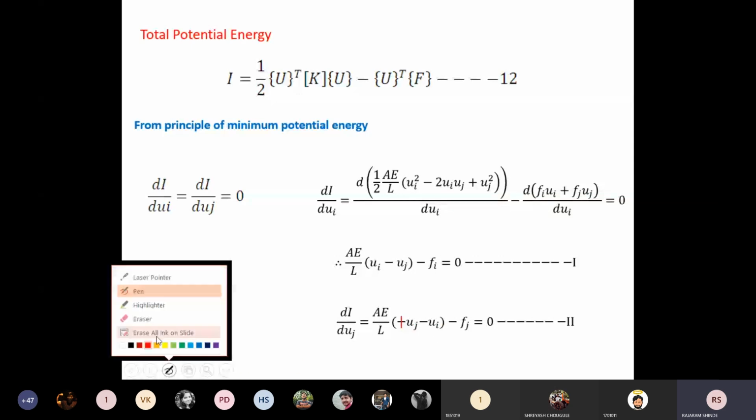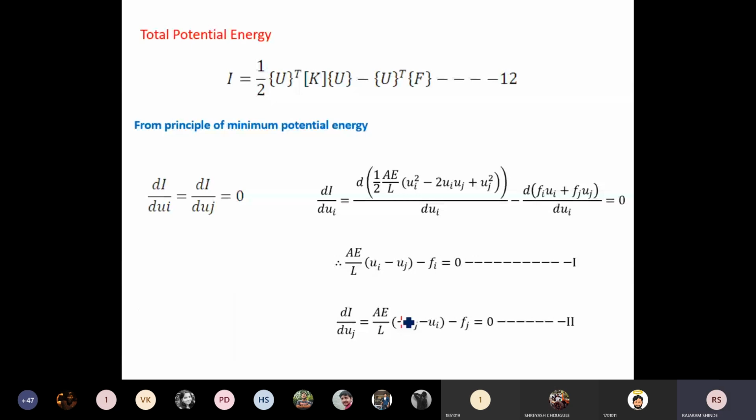Okay, you make it correct. Here it should be plus: uj minus ui minus Fj. Do you agree with this? Now, can you write these two equations in matrix form? This equation and this equation.